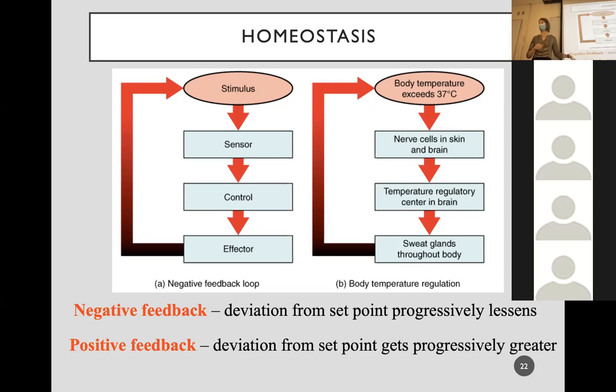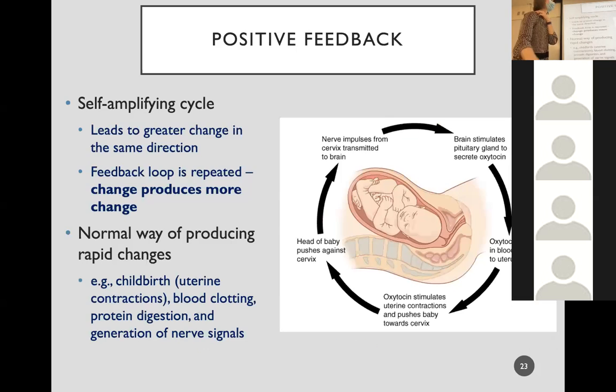I think the next slide, I'm showing you an example of positive feedback. I talked a little bit about it. A really commonly used example of positive feedback is labor. So labor is a good example of a positive feedback loop. And I don't think we'd consider the process of labor a homeostatic mechanism.